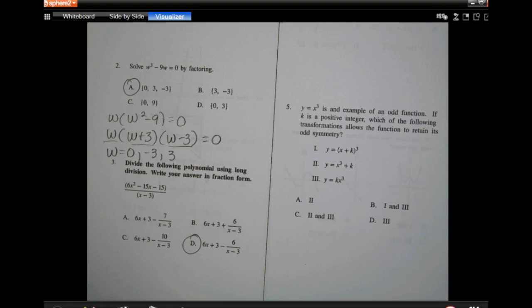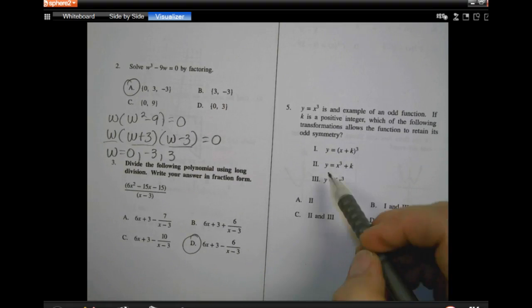To the left an amount, right? Does that go through 0, 0? No. The plus k, what does that do to the graph? Up. So is that through 0, 0? If I multiply by a constant, it still goes through 0, 0. That's the only option. It's 3 only.